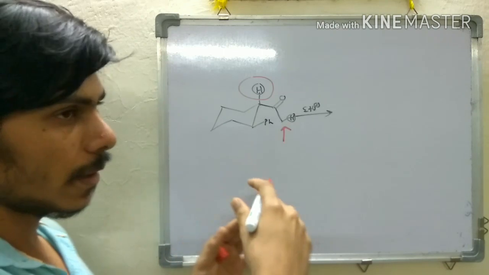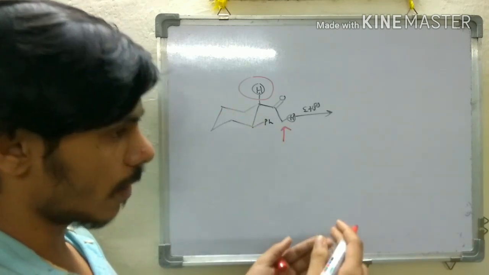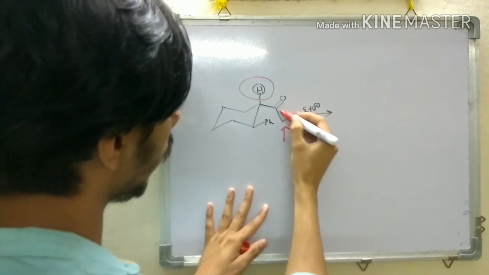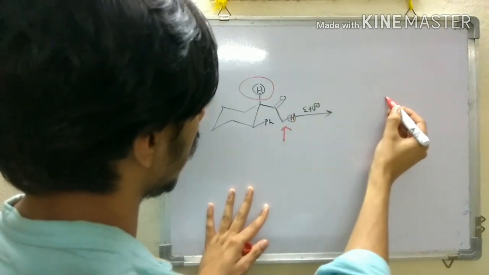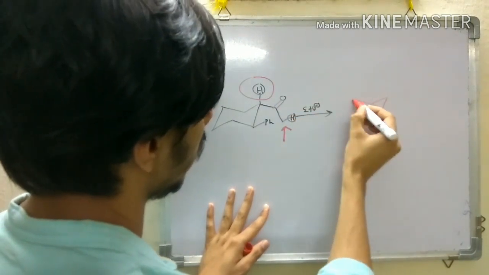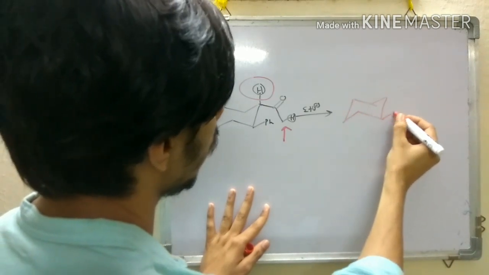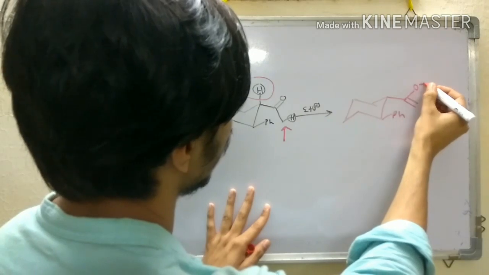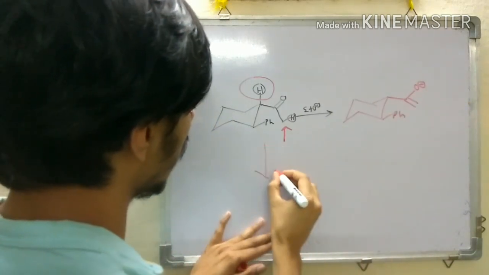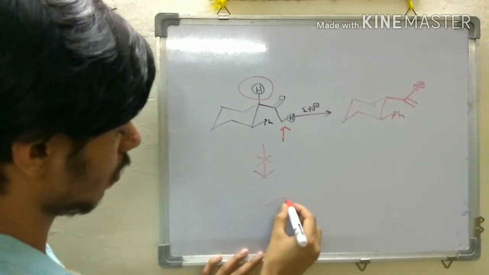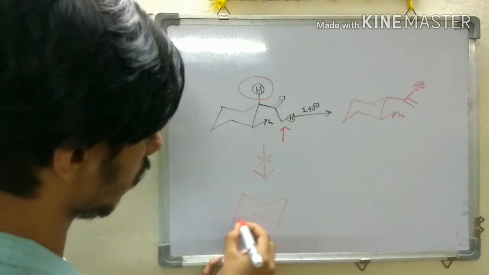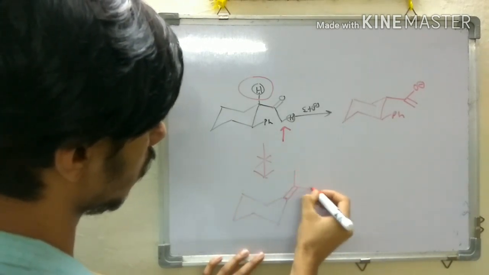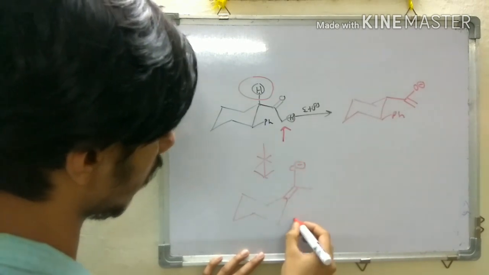But the fact is that only enolate will form from this side, that is you will always get this enolate and you will never get this one where you have this O minus and phenyl and this.